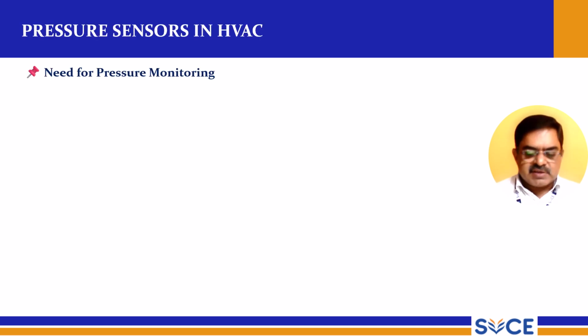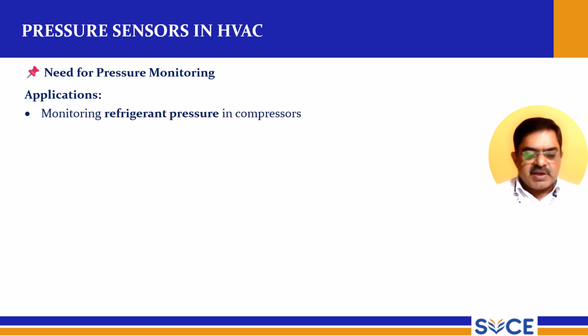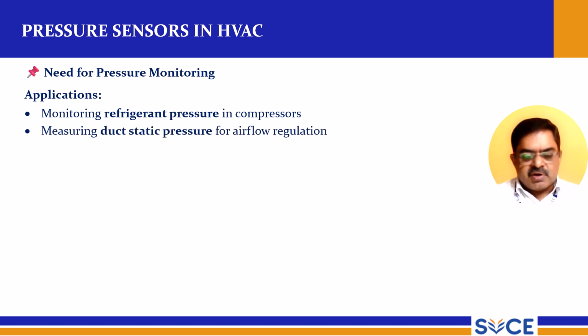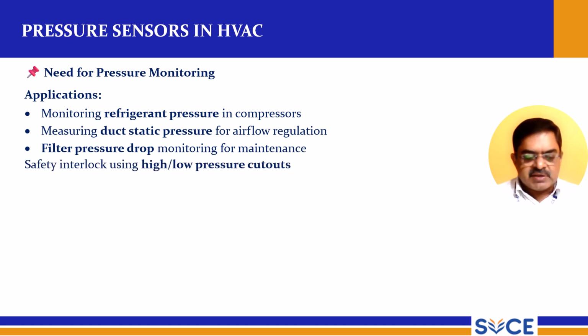So, pressure sensors in HVAC systems. The need for pressure monitoring applications: monitoring refrigerant pressure in compressors, which is very important, so pressure should be maintained at an optimum level; measuring duct static pressure for airflow regulation; filter pressure drop monitoring for maintenance; and safety interlock using high-low pressure cutouts.